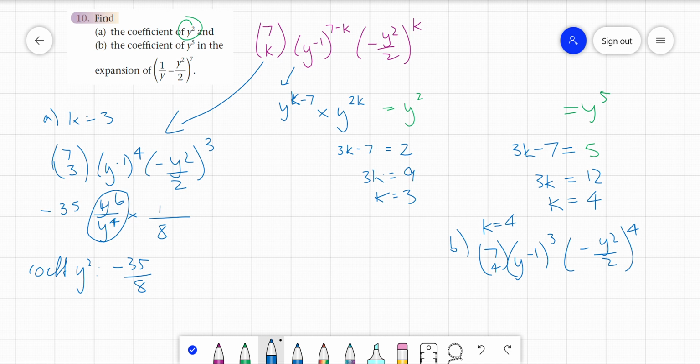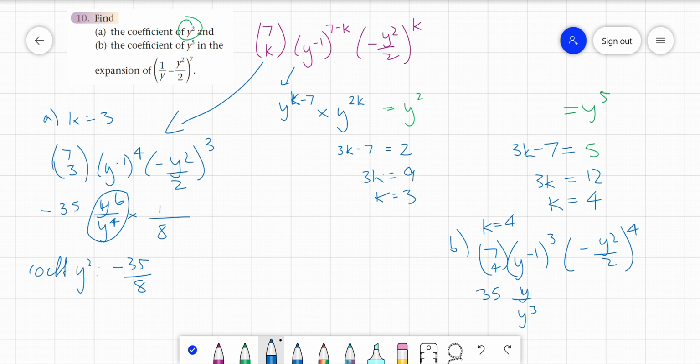All right, let's do our other one. So we've got 7 choose 4 for the other one, 35, of course it is. So 7 choose 4 and 7 choose 3, by the symmetry of Pascal's triangle, are going to be both the same. So that's 35. This is going to be 1 on y cubed, so we can check that this works. Minus to the power of 4 is positive, so we can ignore that negative.